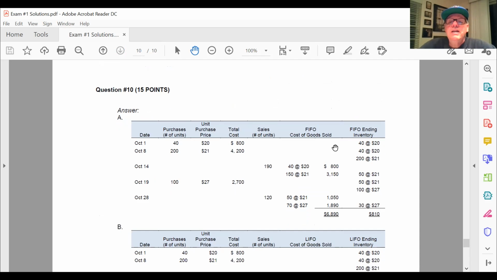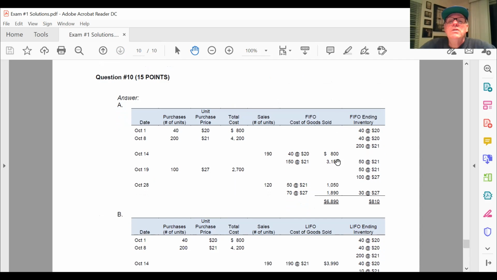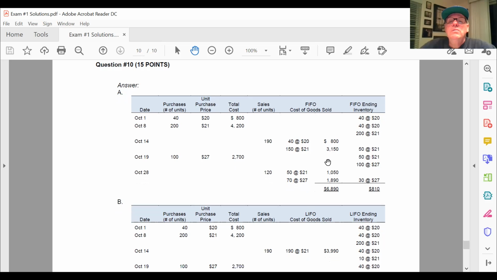So here's your detailed schedule. Under perpetual, after each transaction, you've got to update the ending inventory, and you've got to update the cost of goods sold. And as you work this through, what you needed to come up with under FIFO was 810 as your ending inventory, and 6,890 as your cost of goods sold.